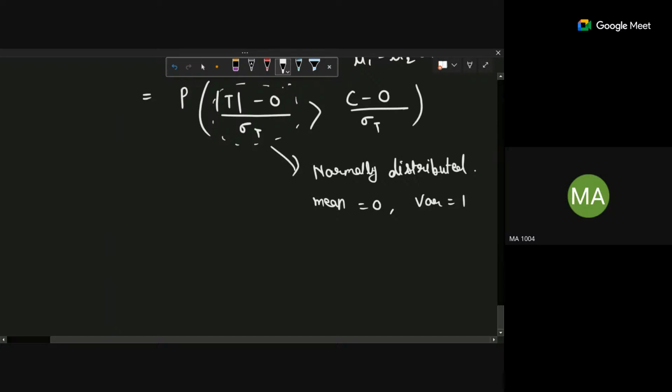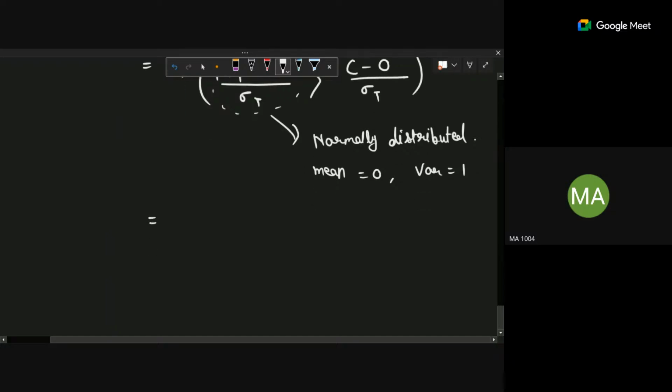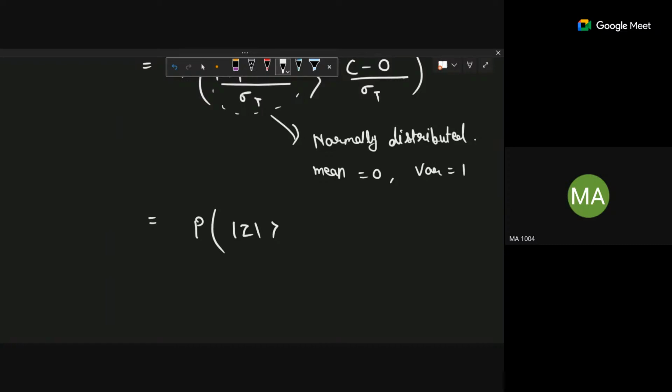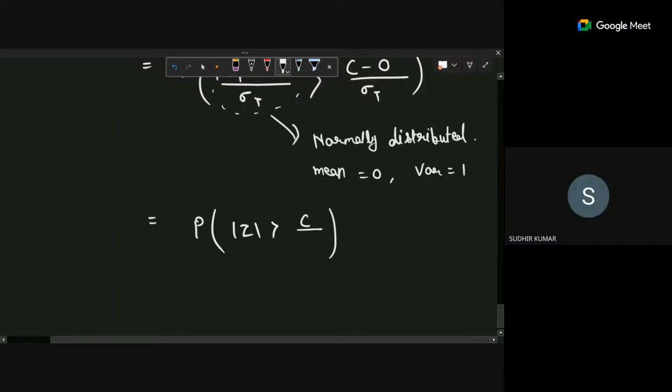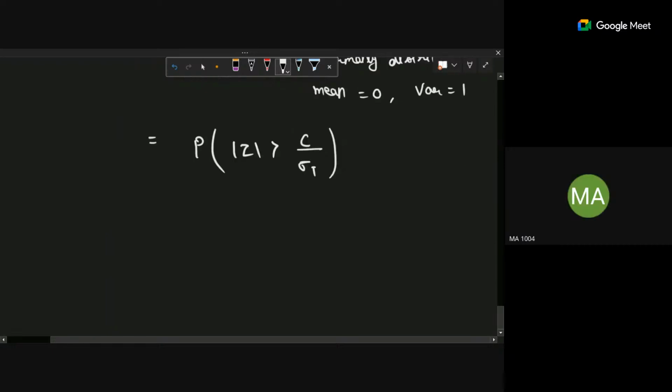So may I write it as modulus z is greater than C upon sigma T. Why am I writing z there? Because generally we say standard normal, right? Okay, sigma T is also given to us.